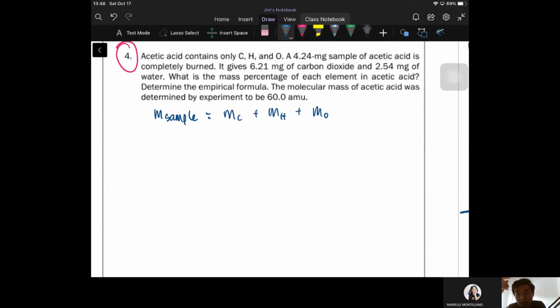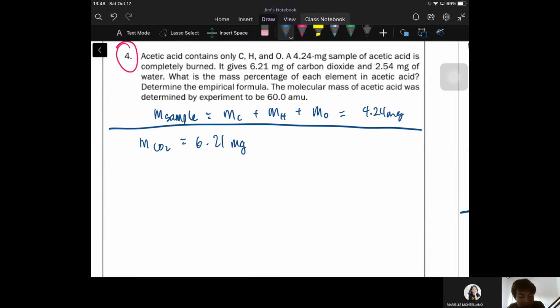No? It gives 6.21 milligrams of carbon dioxide and 2.54 milligrams of water naman.